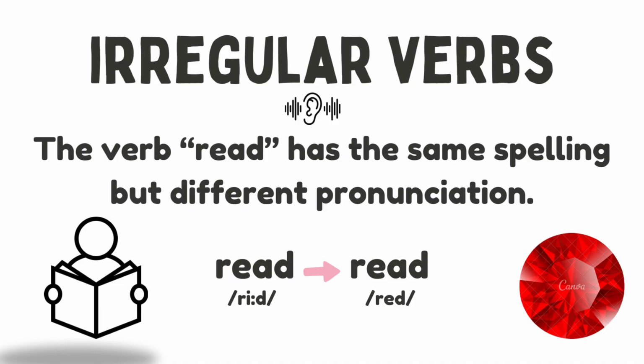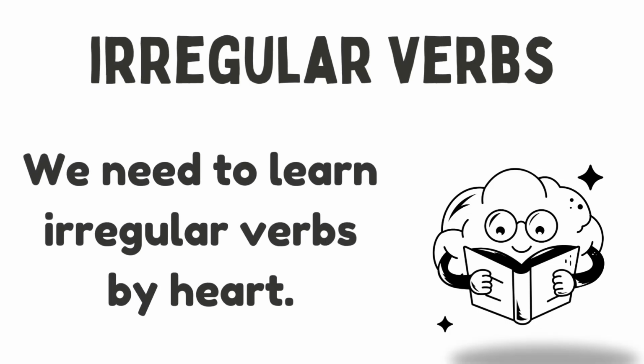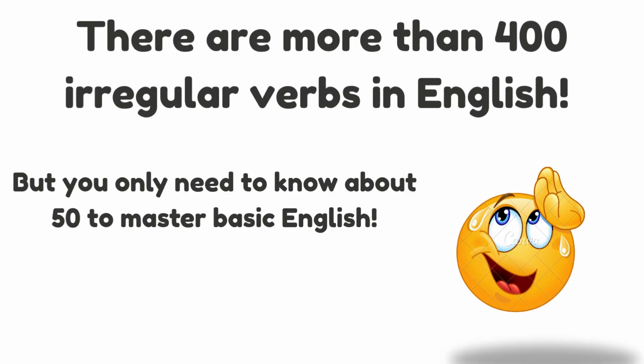So read, going to the simple past, you would pronounce it red, like the color, red. Yesterday, I read a book. We need to learn the irregular verbs by heart. There are more than 400 irregular verbs in English, but you only need to know about 50 to master basic English.